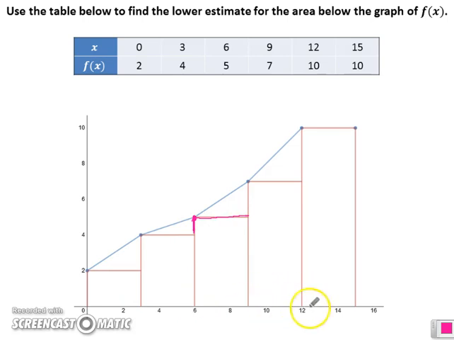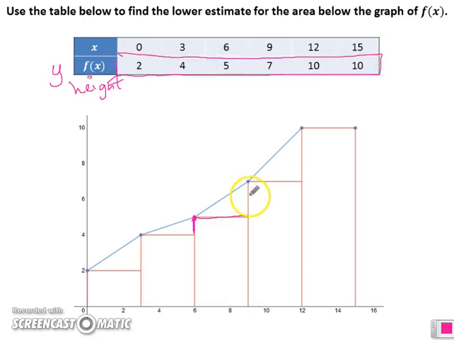But I want to go back to my insider info of the left rectangle uses the A, not the B, and the right rectangle uses B, not A. Just so you can see that in table form, these are the y coordinates here. These are the heights. The height of each rectangle is in this bottom row right here.